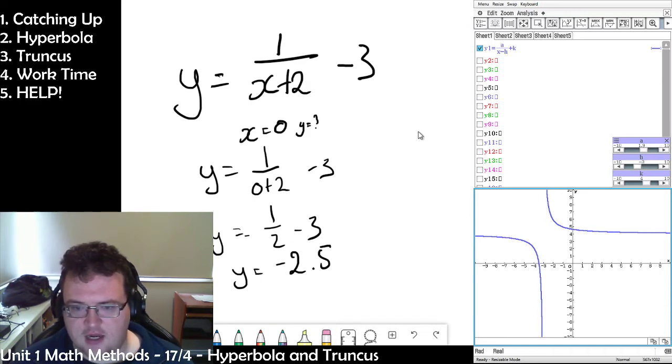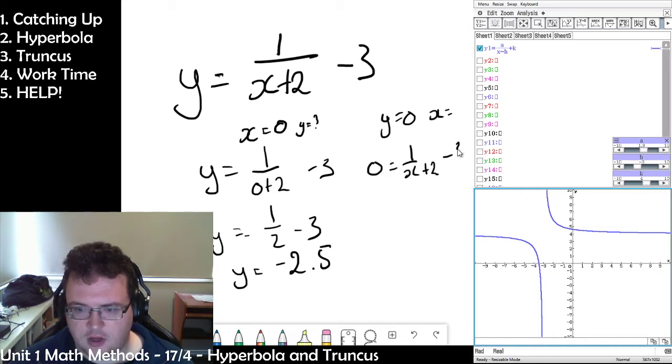Now, on the other hand, if y equals 0, we can get our x-intercept. So 0 equals 1 over x plus 2 minus 3. Add 3 to both sides. We get 3 equals 1 over x plus 2.